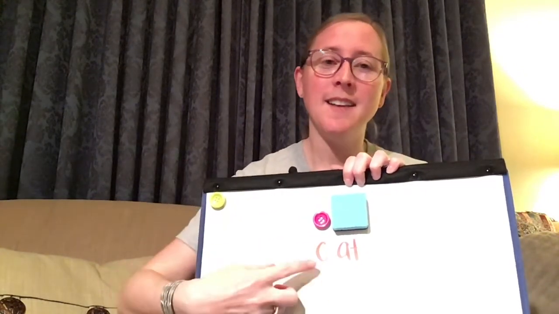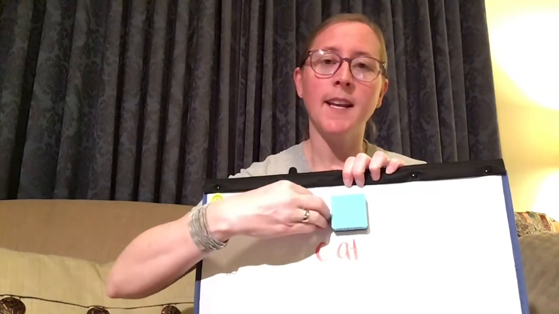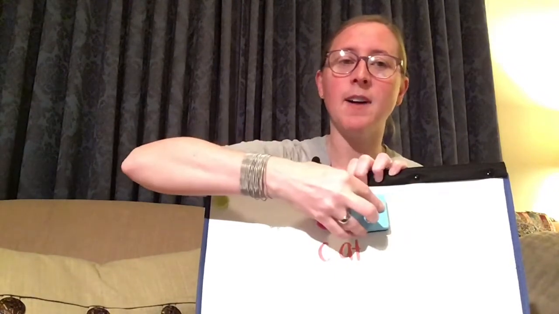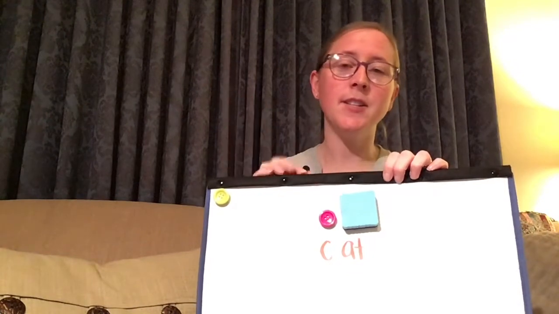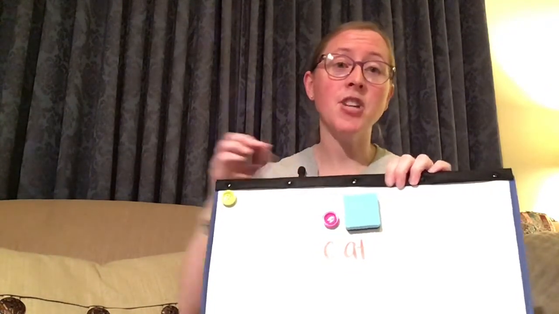When we did the games from F1 and F2, we were either getting rid of the onset or getting rid of the rime. Today, when we do G1 and G2, we're not going to be deleting those sounds. We're actually going to be changing them.